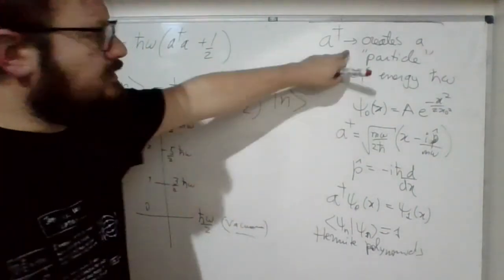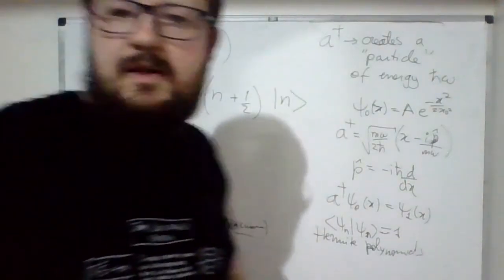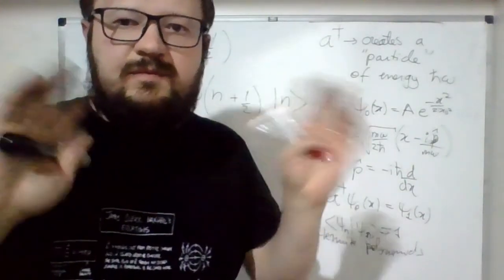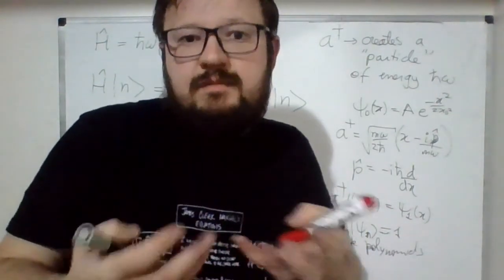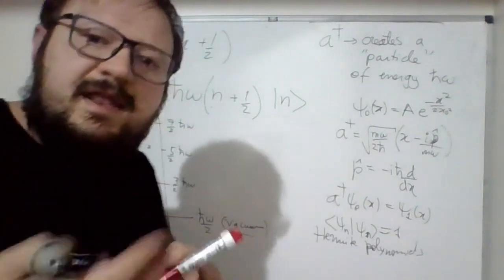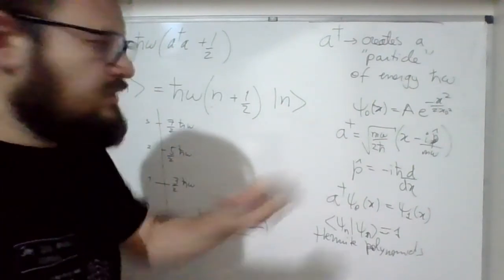These particles in this problem are just pseudo particles, all right? You can interpret the solution as having n particles producing the energy.